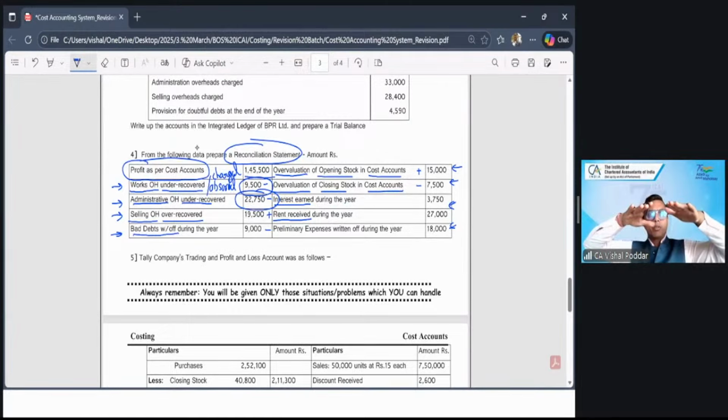In financial books, the profit would have increased because of these financial incomes, which are not in costing books. So my financial profit is higher. Again, my starting point is costing, but since my financial profit is higher, I have to climb upwards.